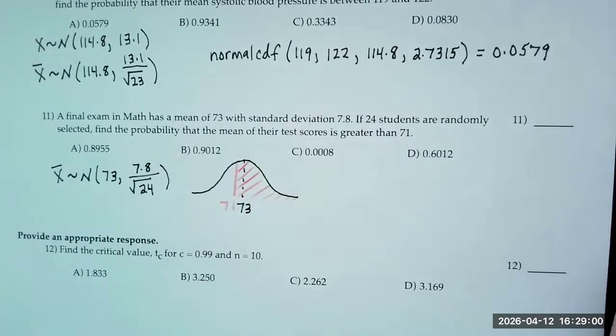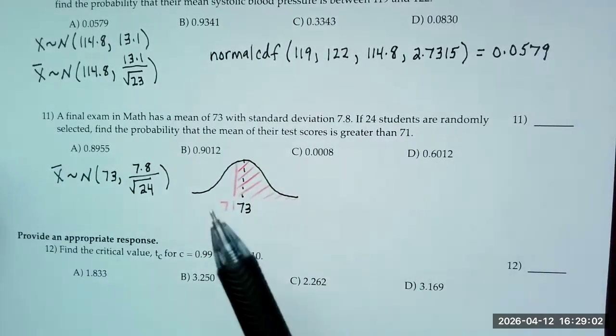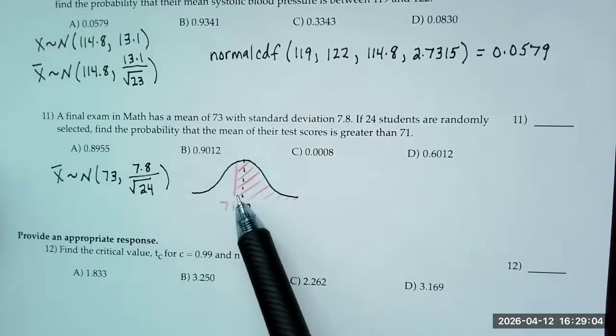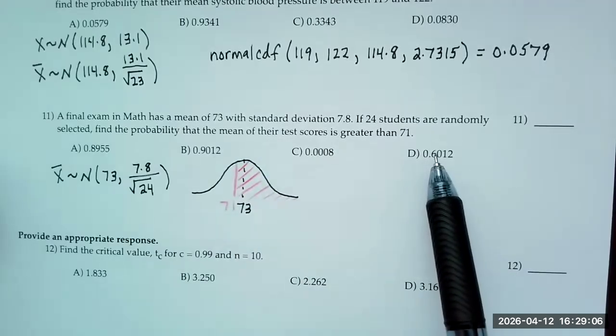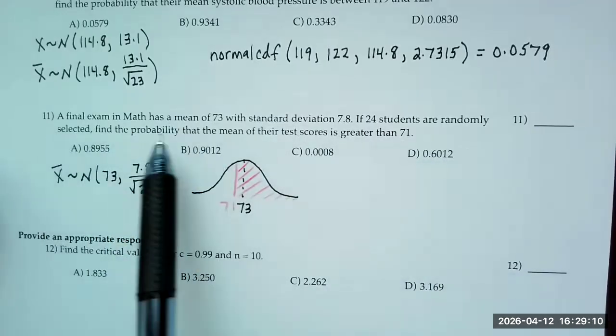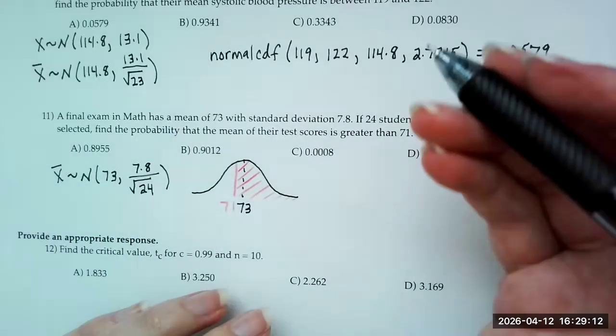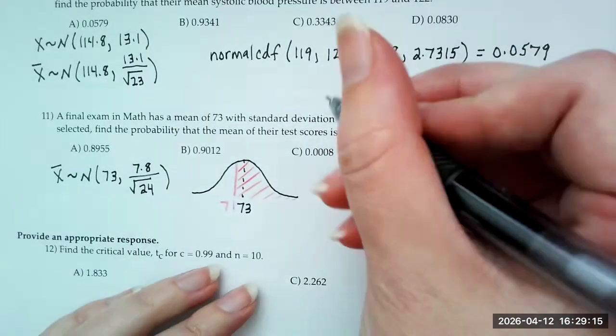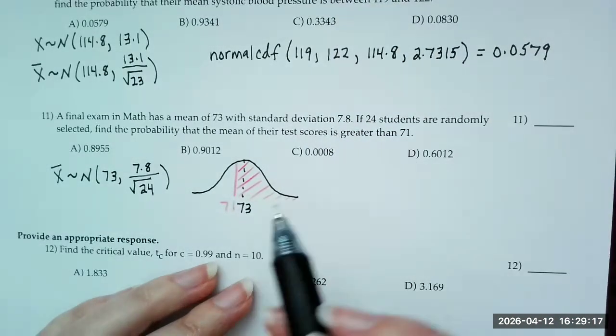So I know my answer should be bigger than 50%, but not hugely different. So I'm thinking it's probably going to be something like maybe the 60 or the 81 in there, but I don't know yet based on the numbers, just by looking at the picture.